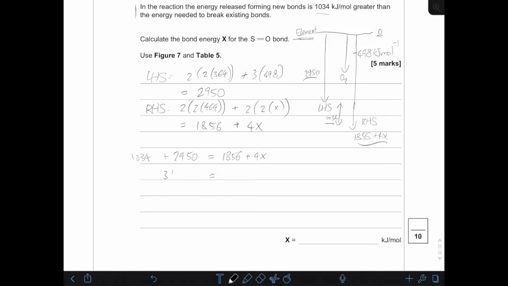So 3984 equals 1856 plus 4x, which means that 4x is 2128, and then x is that divided by 4, which is 532 kilojoules per mole.